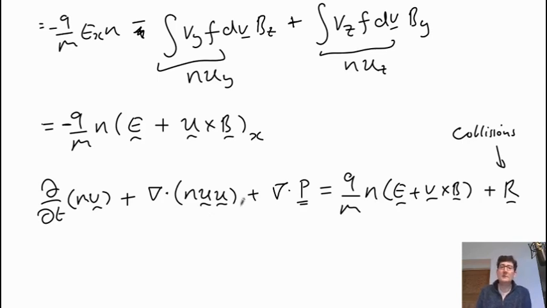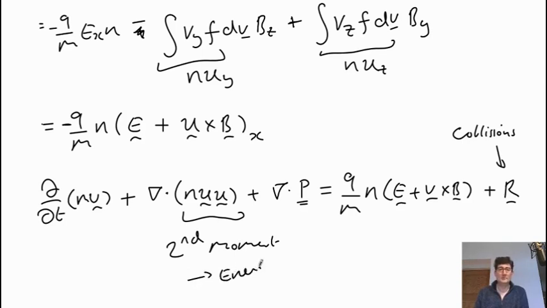So from here we can continue to higher moments. You can calculate this term here from integrating the second moment, and that will get you an equation for the heat, for the internal energy. If you want a temperature equation, what we can also do is close this equation by just assuming adiabatic gas laws, which is what's done for ideal MHD, for example.